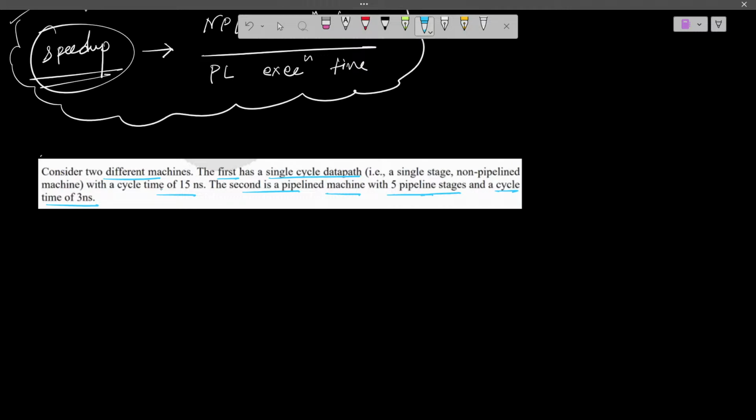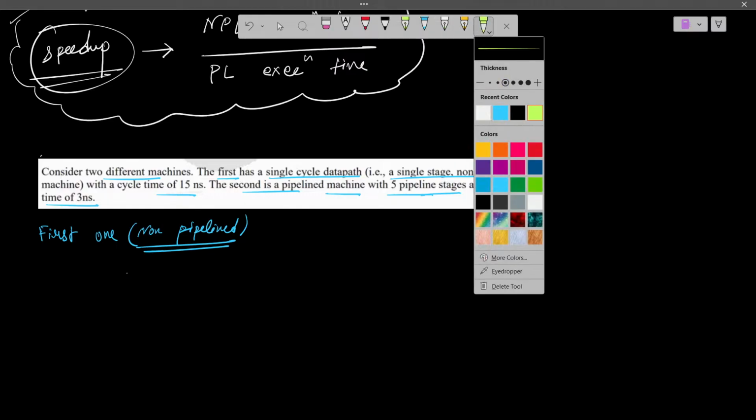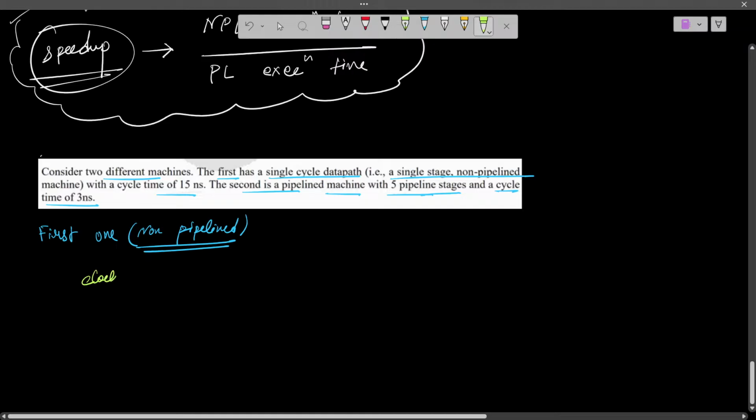The first one is non-pipeline. So for non-pipeline, the clock cycle is 15 nanoseconds.